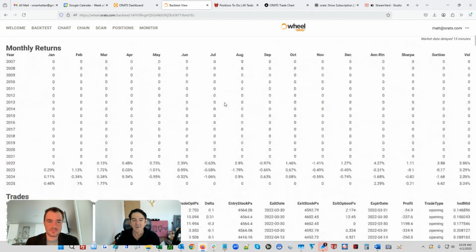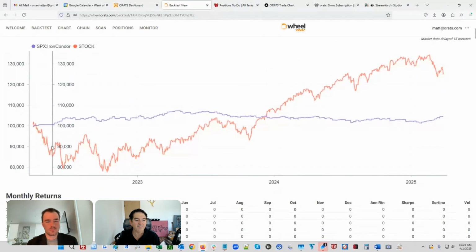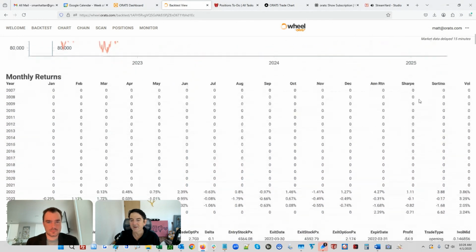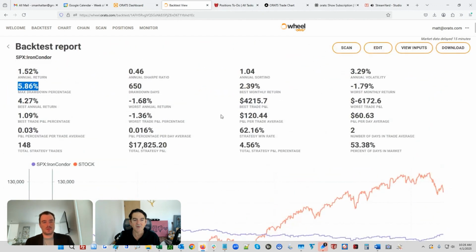I only did it for a couple of years, but this did well in 22 when the market was kind of choppy. But if the market's going straight up, it's going to violate your upper strikes. So that didn't do well, and then here it's been down so much that it's actually doing okay of late. Anyway, that's cool to watch.